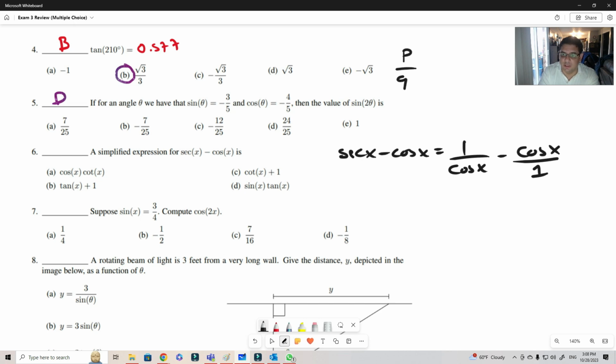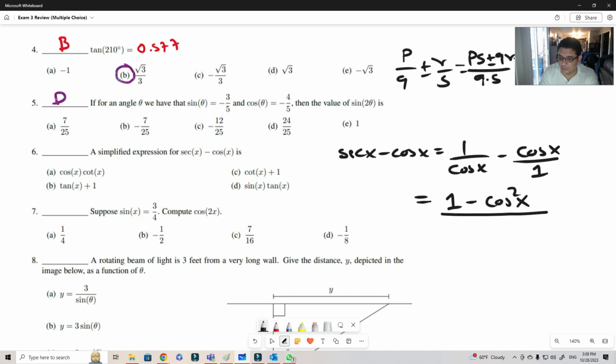And notice that we can use the sum of rationals, which is p over q plus or minus r over s, being p times s plus or minus q times r over q times s. So in this case, that will mean it's 1 times 1 minus cosine times cosine, which is cosine squared, over cosine times 1, which is cosine.